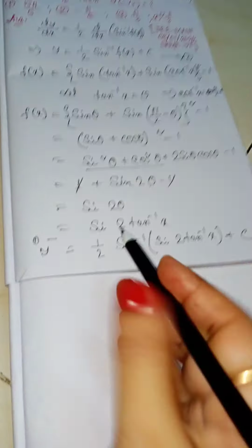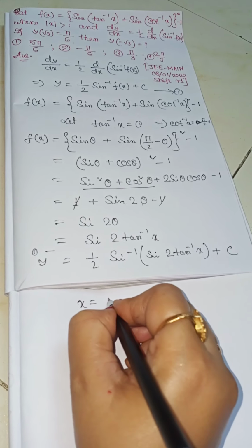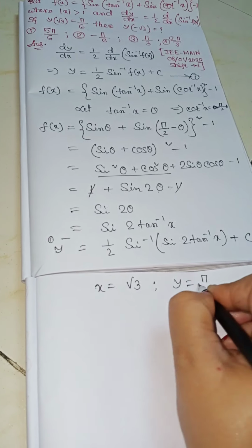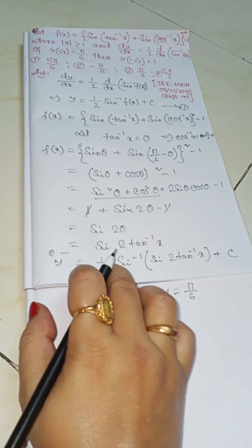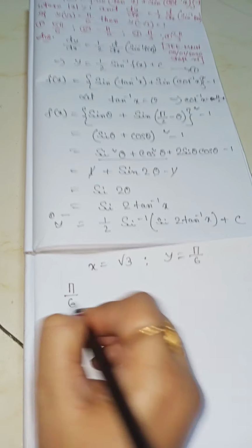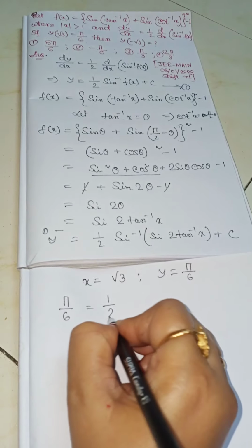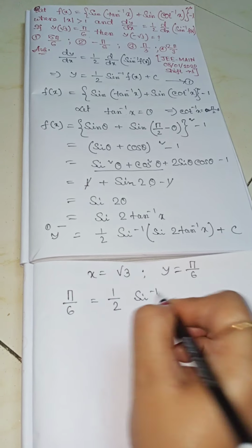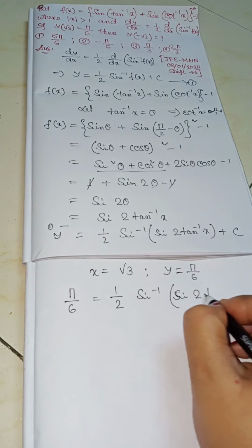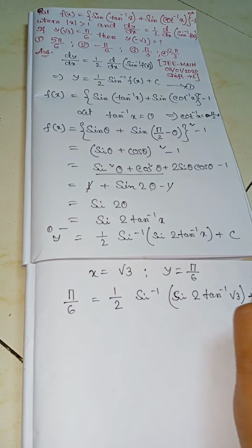So putting x = √3 and y = π/6 in this equation, π/6 = (1/2) sin⁻¹ sin(2 tan⁻¹√3) + c.